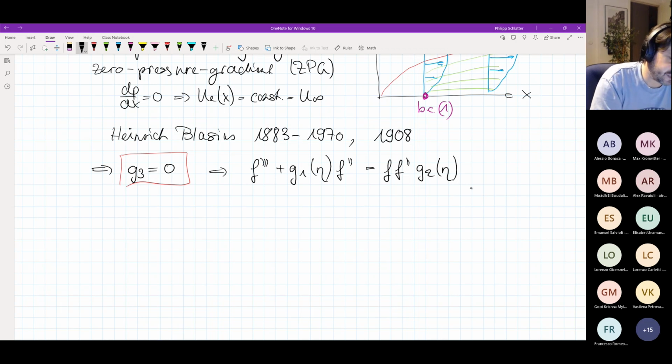Now, of course, I wrote it in the way that I assume that G1 and G2 are actually only functions of eta.